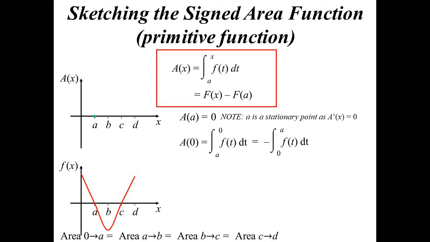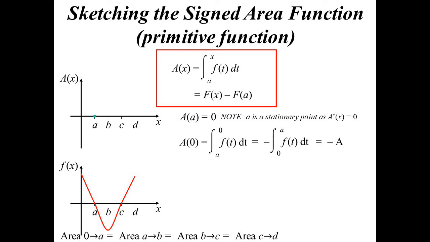Okay, so area naught, I want to find the answer here. I'm now going to try and find the y-intercept or the a-intercept in this one. So this time I'd be going from a to 0. Remember I said I could swap the limits around? So it'll be the negative from 0 to a. So we said that those areas are all the same. I don't know the value.